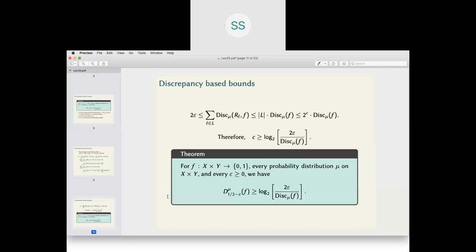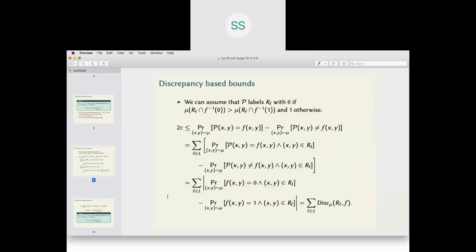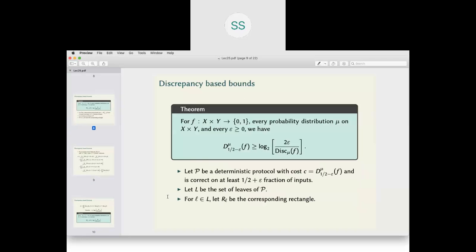Okay, just to recap, we chose a protocol such that it is correct on at least half plus epsilon fraction of the inputs as per mu. You looked at all the leaves of the protocol.